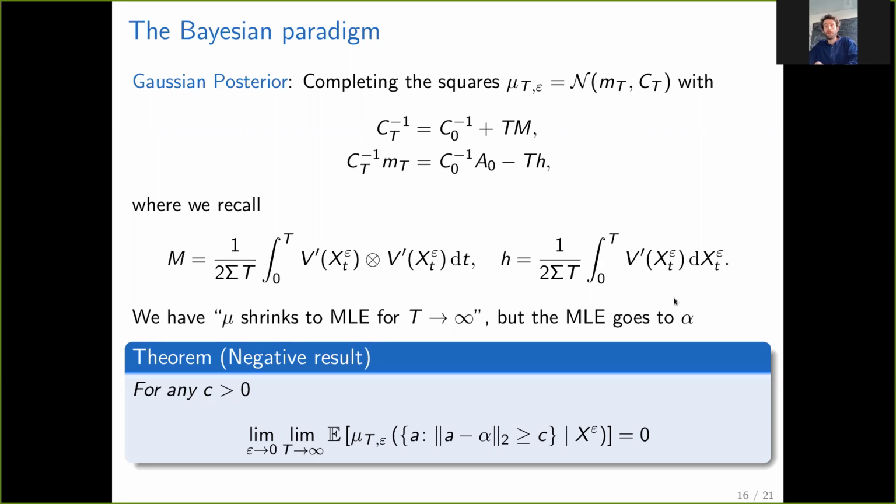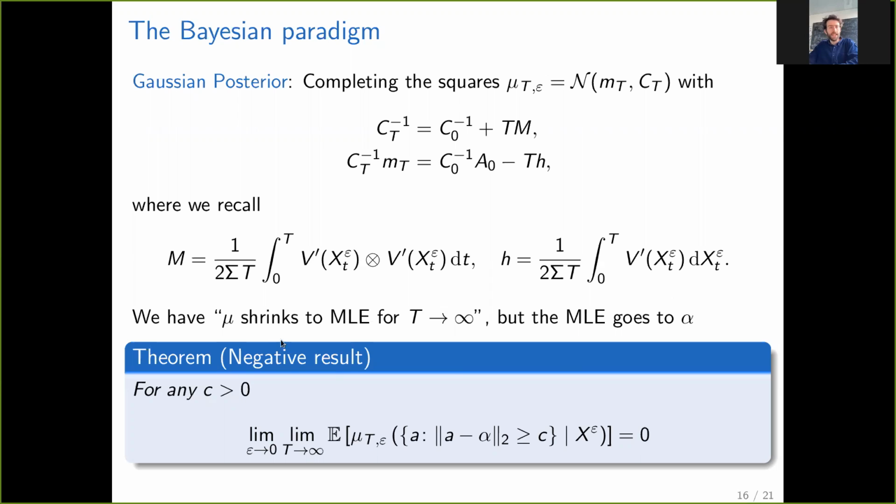But as we have shown in the beginning, the maximum likelihood estimator of the drift coefficient doesn't go to the effective drift coefficient, but it goes to the multiplier of the slow scale potential within the slow component of the multiscale potential.